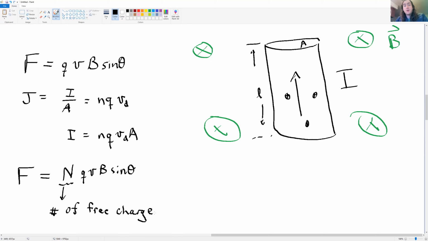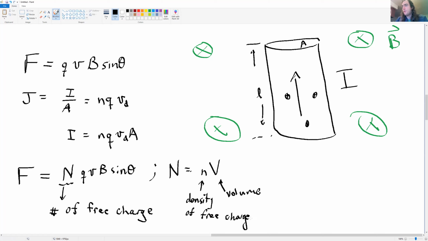So all the forces on all of the charges will add up to give the force on the wire. And so big N is equal to little n times the volume. And little n is the density of free charge carriers, again, same as before. All right. And so I can substitute that in.